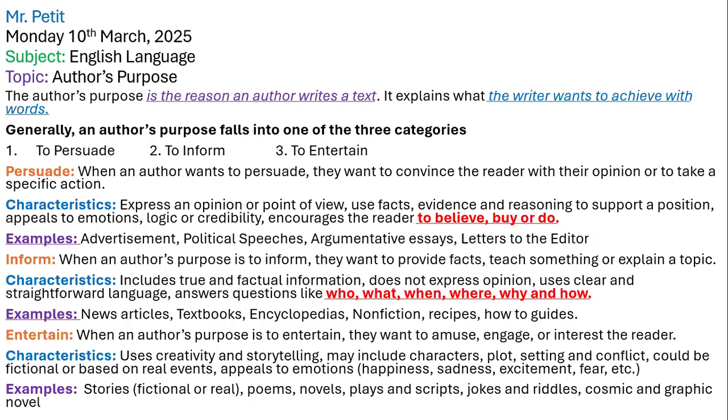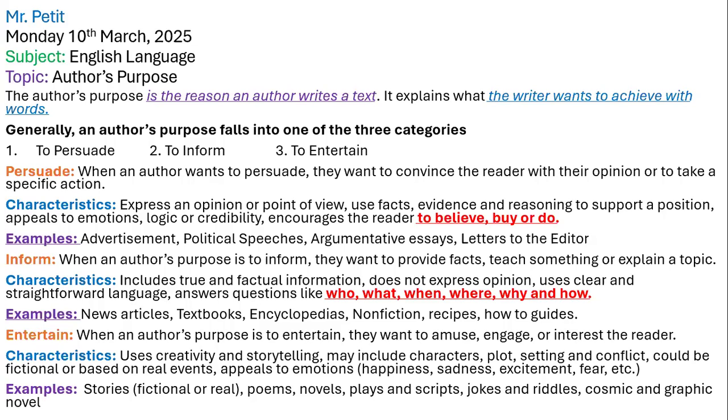When an author's purpose is to entertain, they want to amuse, engage, or interest the reader. Characteristics: uses creativity and storytelling, may include characters, plot, setting, and conflict, could be fictional or based on real events, appeals to emotions: happiness, sadness, excitement, fear, etc. Examples: stories, fictional or real, poems, novels, plays and scripts, jokes and riddles, comics, and graphic novels.